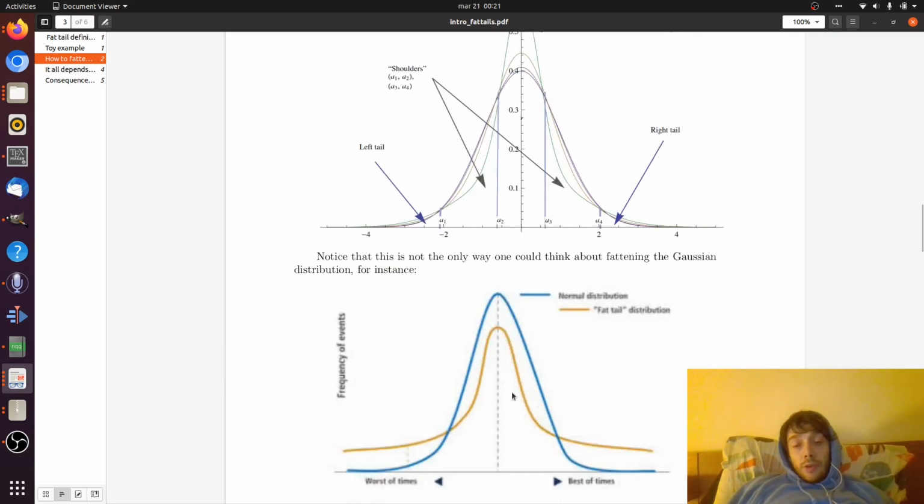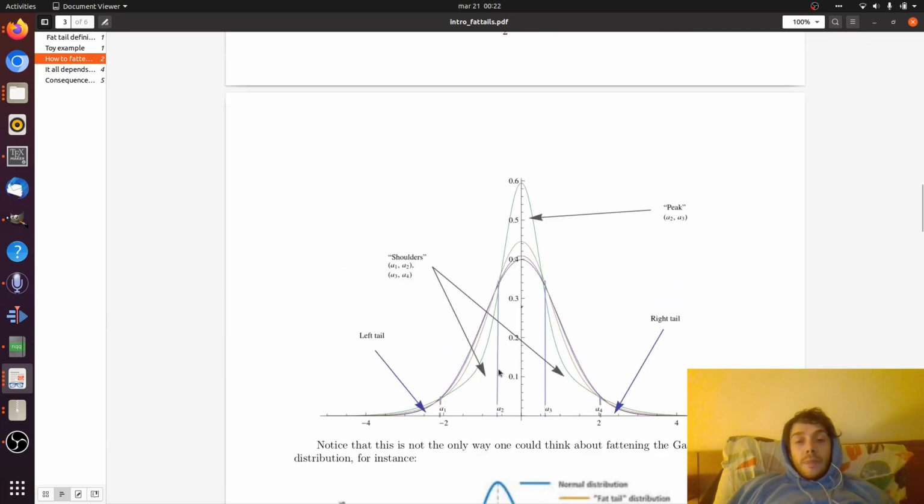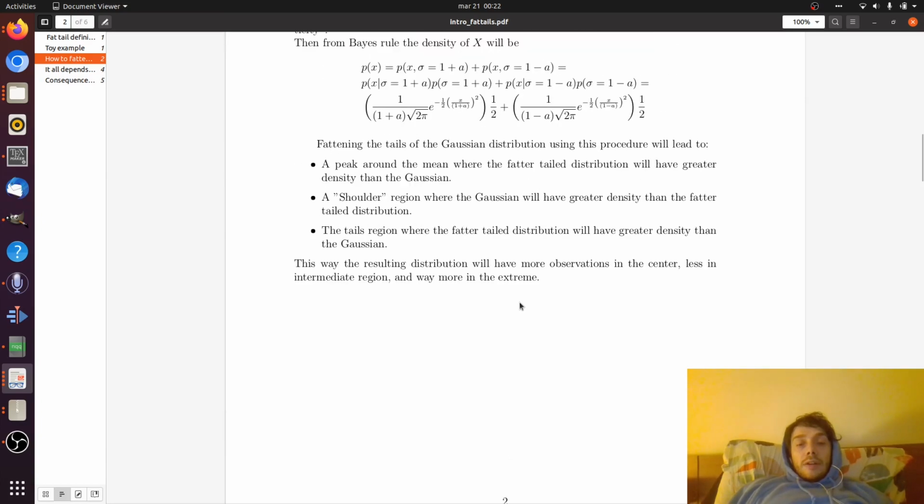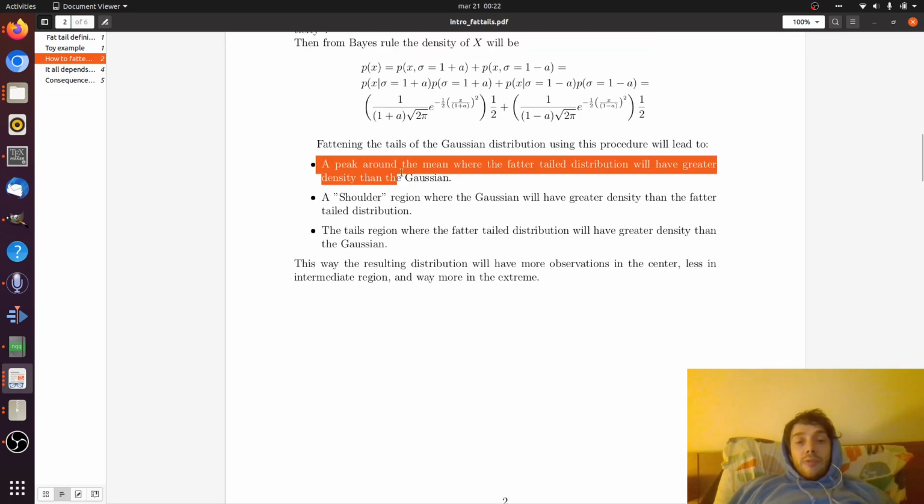In this case, you don't get the slightly counterintuitive fact that around the mean there's going to be a higher likelihood to see observations of the fat tail distribution than the normal one. While here you do see this. And what else do you see? Well, you see that there's a peak around the mean where a fat tail distribution will have greater density than the Gaussian.